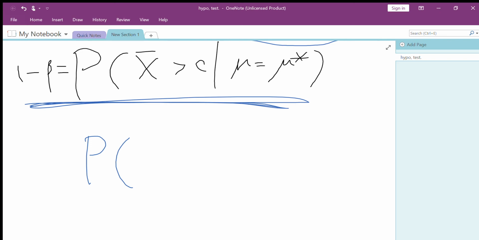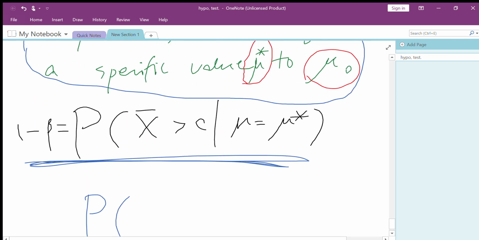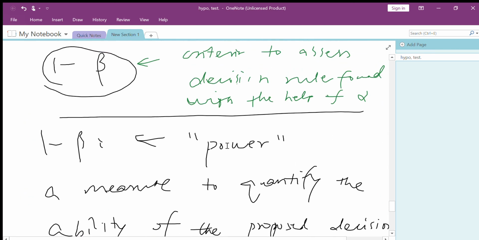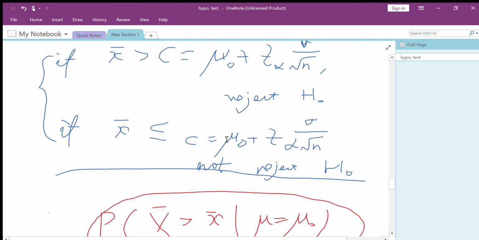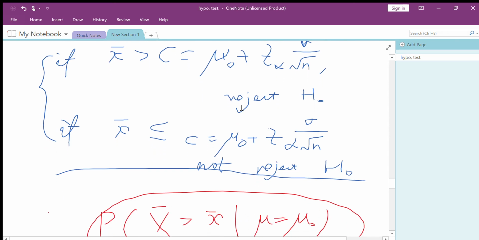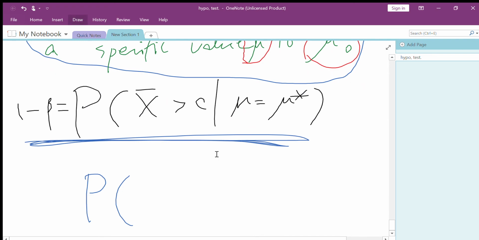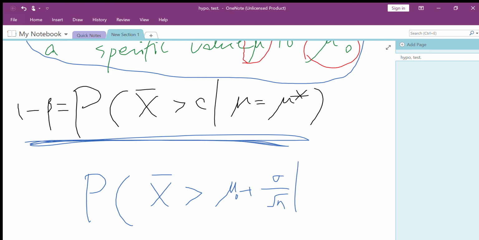So here, remember we just plug in C. What is C? x bar C we have derived previously. So C is mu 0 plus z alpha sigma divided by square root of n. We plug in. But this time, mu equals mu star, not mu 0.